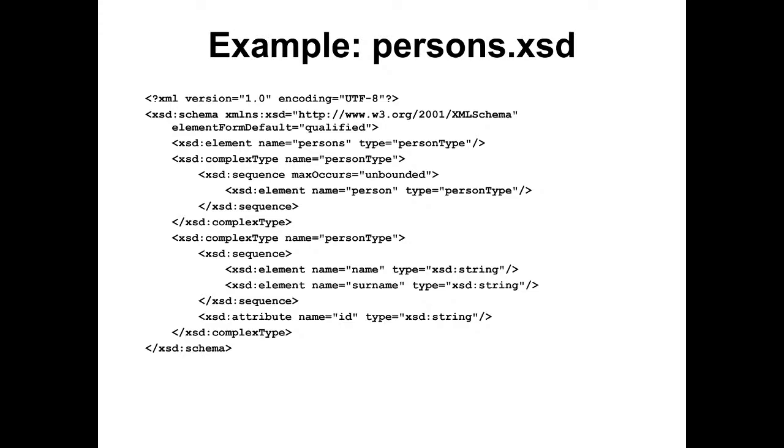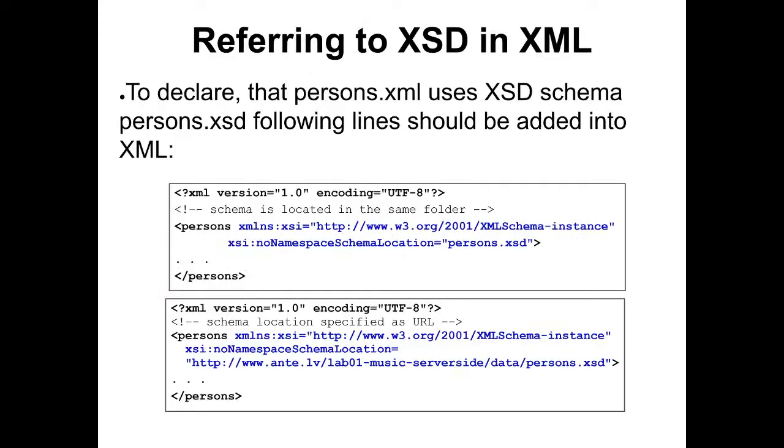For the persons, you can see that we have the element persons. Then under that we have the person type, and name, surname as strings, and ID as well.